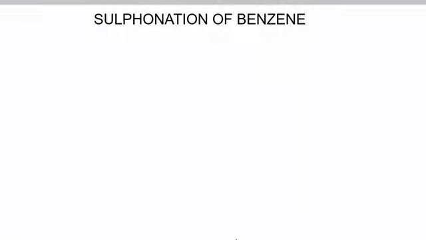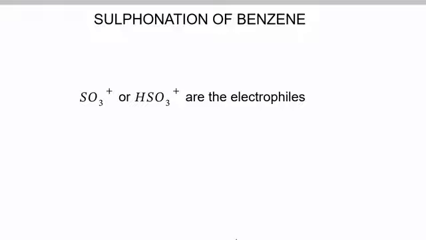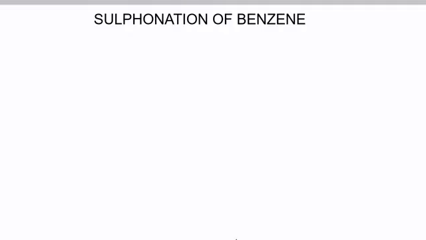Sulfonation is favored in strong sulfuric acid where SO3 or HSO3+ are the electrophiles and the sulfonating agents. So this reaction is important in synthetic processes such as the manufacture of detergents and sulfur drugs.